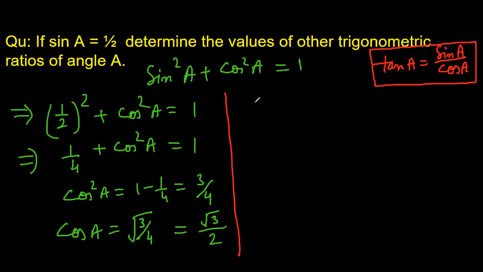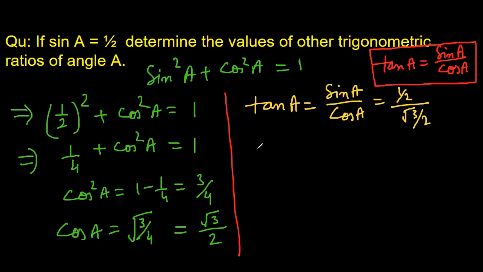So if we need to find tan A in this case, it would be sine A divided by cos A. We know the value of sine A was given, which is 1 over 2. So the value is 1 over 2 divided by cos A, which is square root 3 over 2.